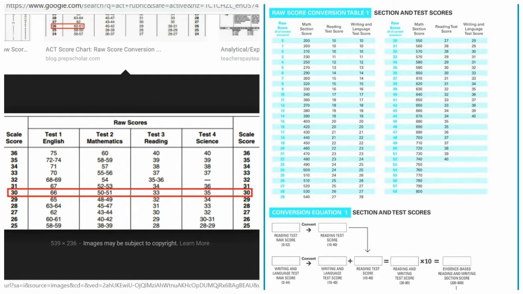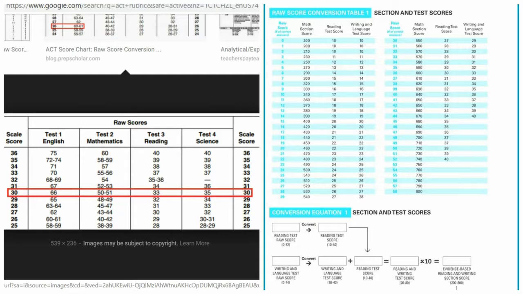So the ACT is a little bit more simple, and I actually have the scale score pulled up here, which is a lot easier to read than this one. Once again, this is coming from Google Images. This is public information that you can look at. So say, for example, you're at a 25 right now, and your goal score is a 30, right?